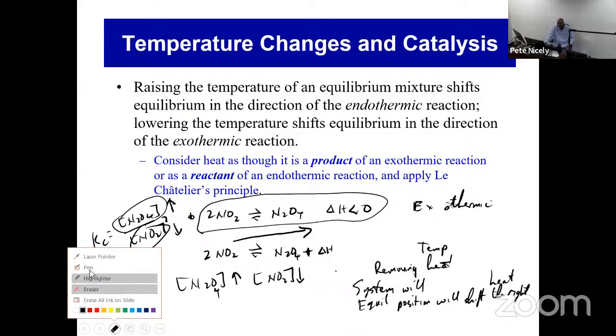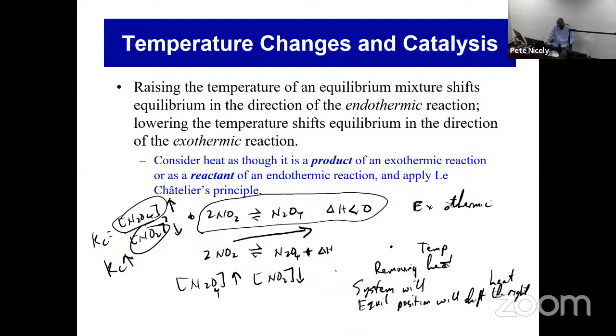ASAP. So I said that you're increasing temperature initially, right? So what happens is that you're increasing this, which means that the system will remove the heat, and that means that the system equilibrium position will shift to the left. So let me correct that down here.